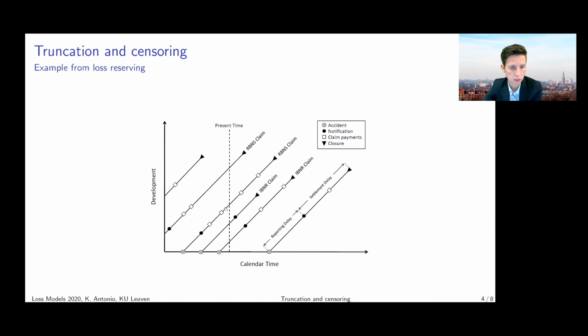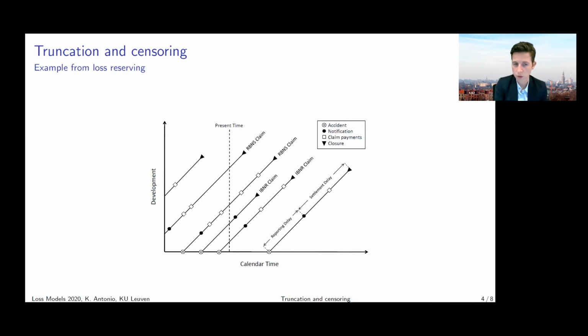So here you could say that the total amount we paid on this claim is right censored, because we know that in the end we're going to have to pay more on this claim, but we don't know how much more. So this is an example of right censoring. What we paid so far on this open claim, this claim that has not settled yet, that amount is right censored at the present moment.